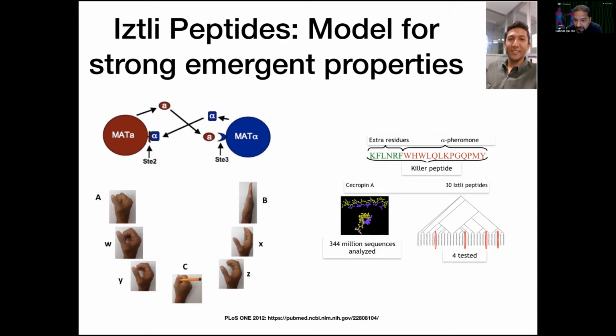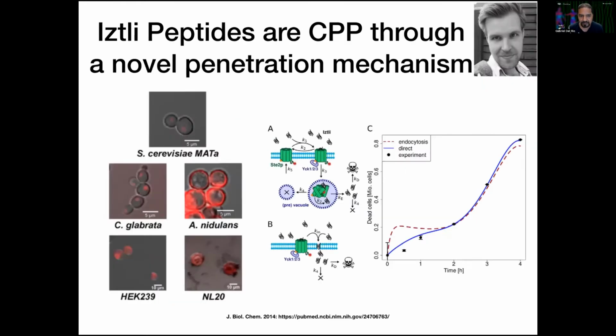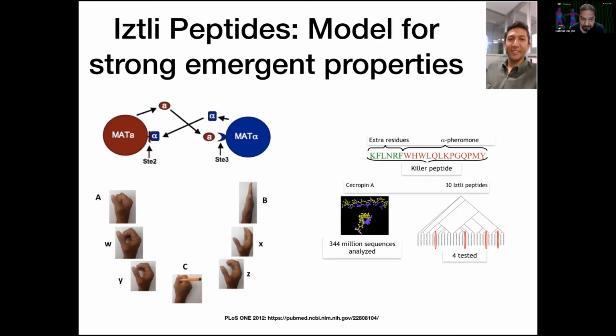So we identified 30 peptide sequences with those physicochemical properties, synthesized 4 of them, and tested them, from a total of 344 million sequences that were generated by a computer. And in testing these sequences, we learned that indeed all of them kill the Saccharomyces cerevisiae MAT-A cells selectively, but they didn't kill the MAT-alpha cells.